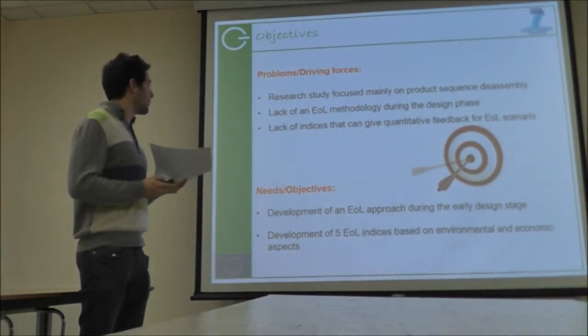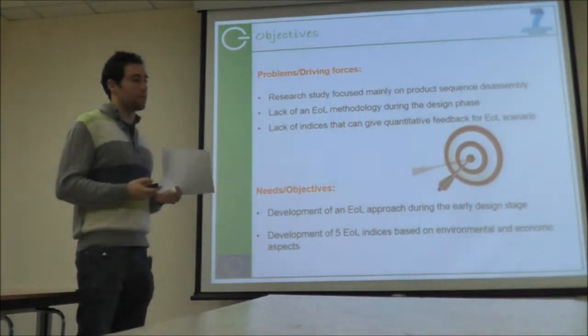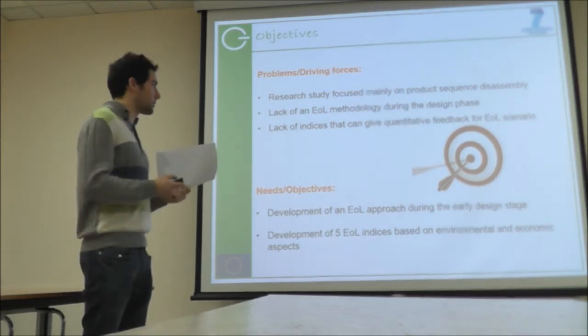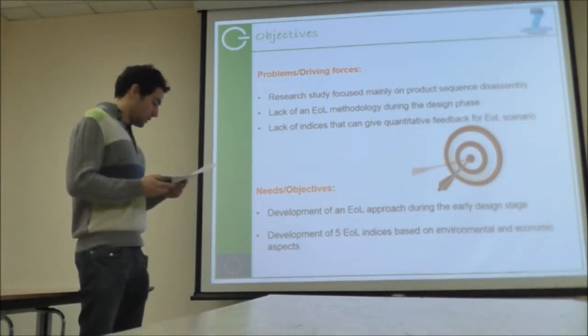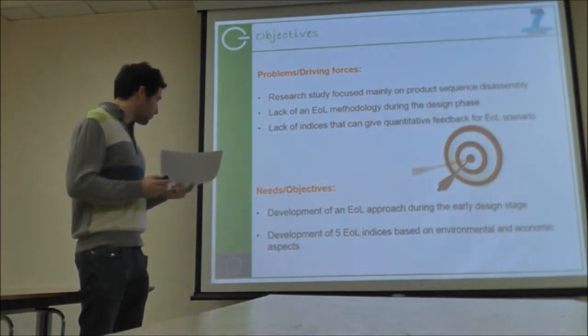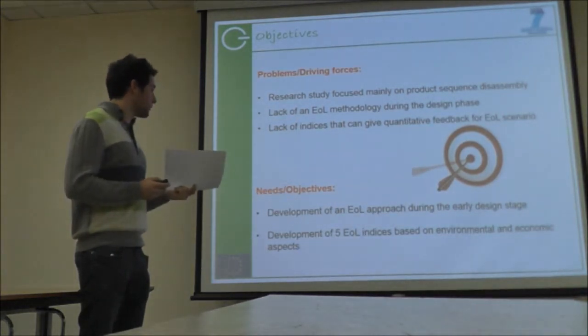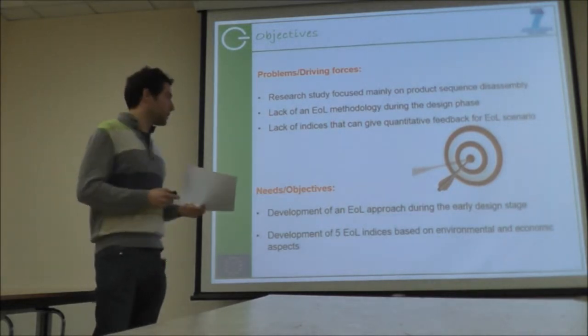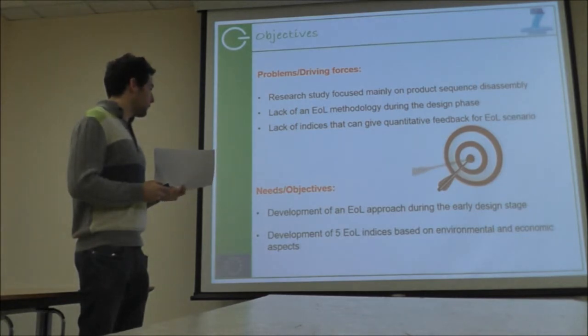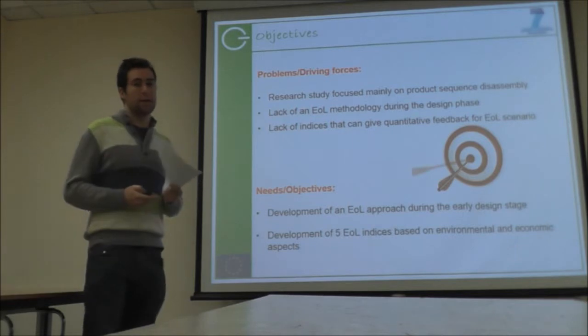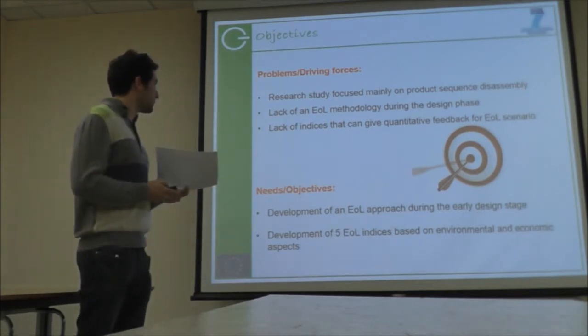And also a lack of indices that can give quantitative feedback, not just guidelines or suggestions. So we need the development of an end-of-life approach that can be applied during the early stage of the design, and development of 5 end-of-life indices based on environmental and economic aspects.